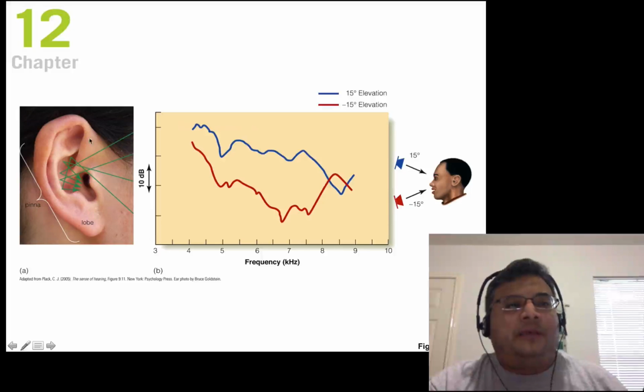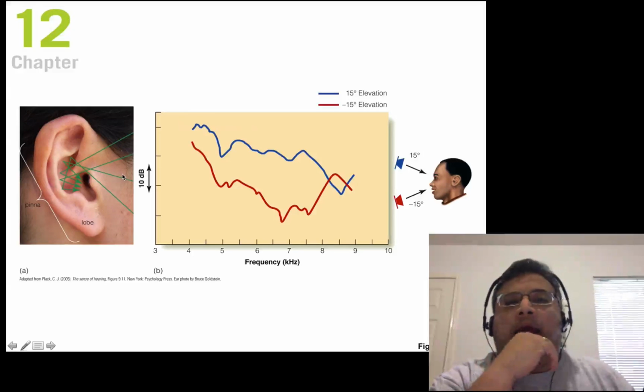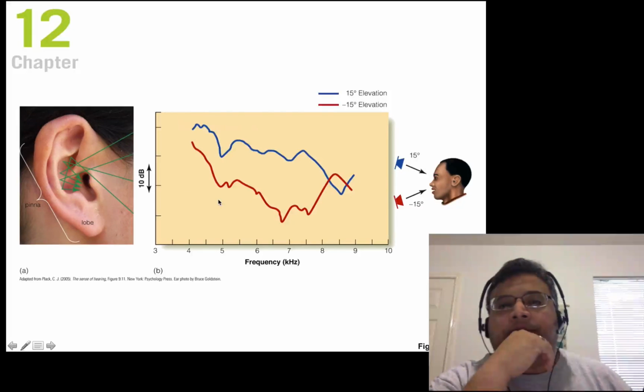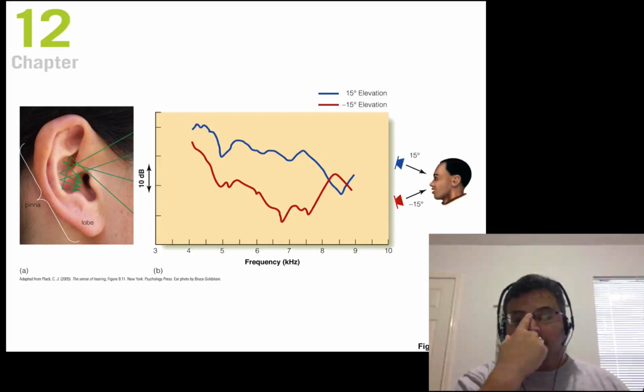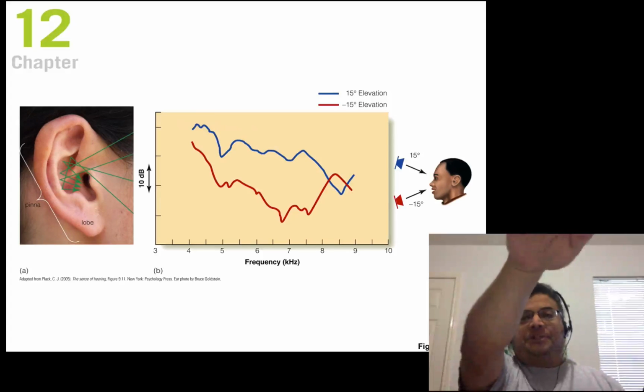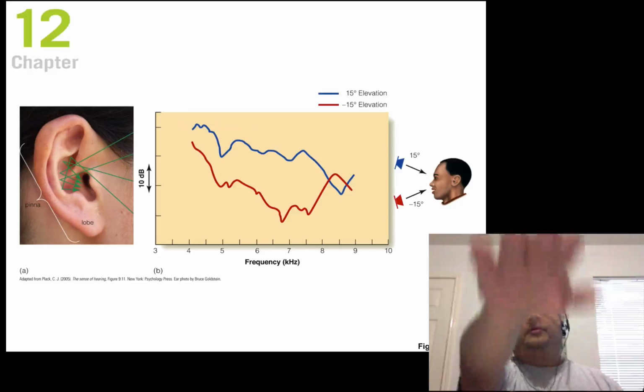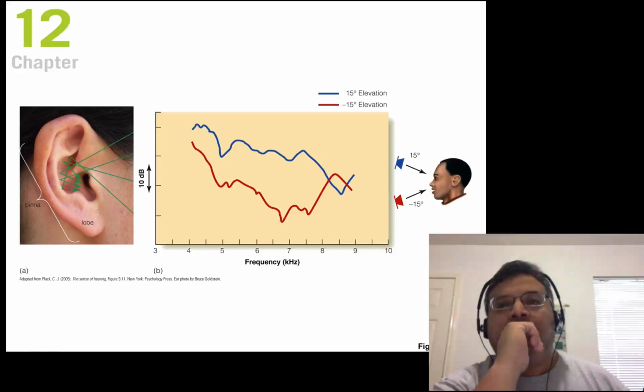So here's a pinna of somebody's ear. And we can go ahead and measure the sounds at different elevations, for example. So we can measure a sound that's coming from 15 degrees below you and 15 degrees above you.